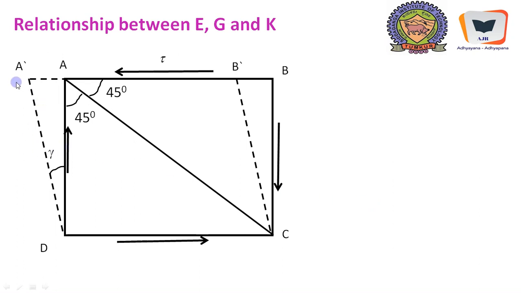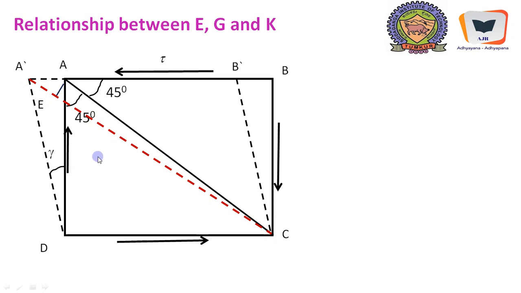A will move to A dash, looking into the sense of this shear stress, and B will move to B dash, and this is the shear strain, tan gamma. Therefore, we will connect this dislocated point A dash and C for the derivation.